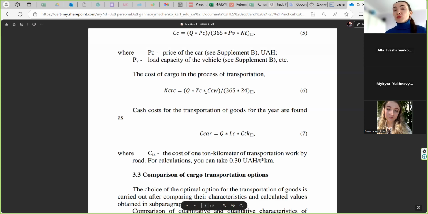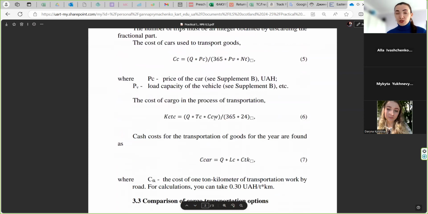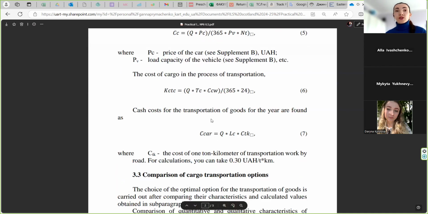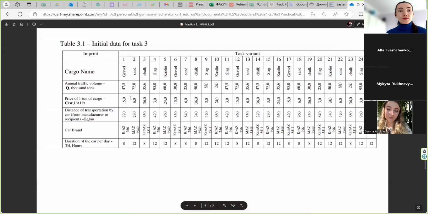And also multiply by such parameter as C with index CV. We can find this parameter. Maybe we already, no, we haven't calculated it. Yes, it is the price in our table 3.1.